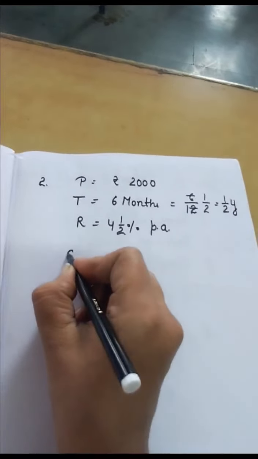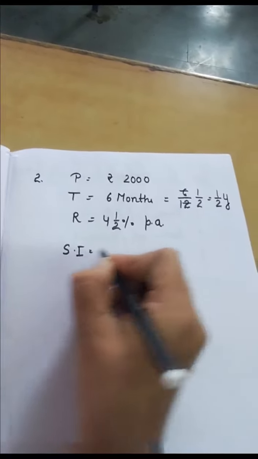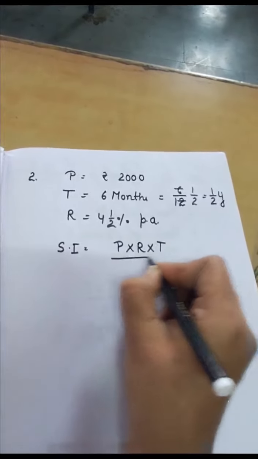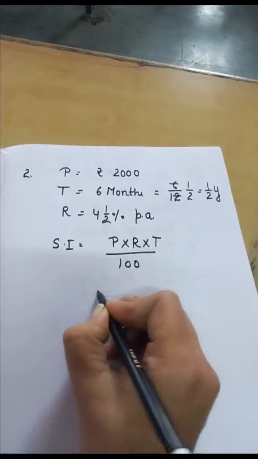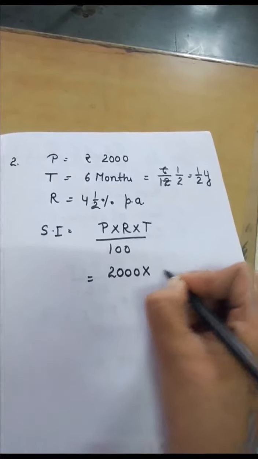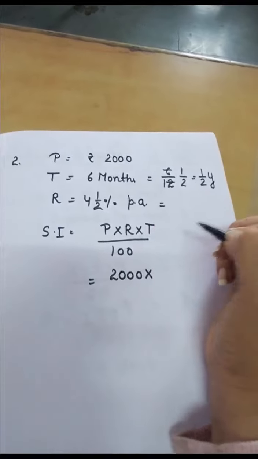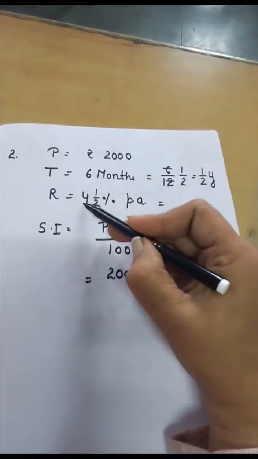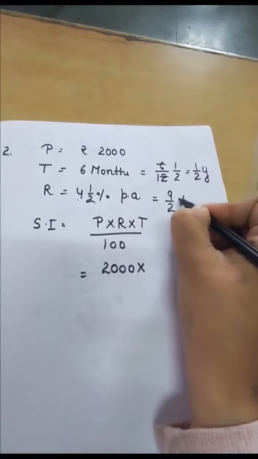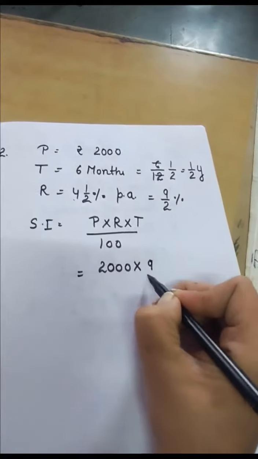So let's calculate the simple interest. The same method, P into R into T upon 100. So 2000, rate of interest, first we need to convert into the improper fraction. 4 2s are 8, 8 plus 1, 9 upon 2%. So we can write down here 9 upon 2.